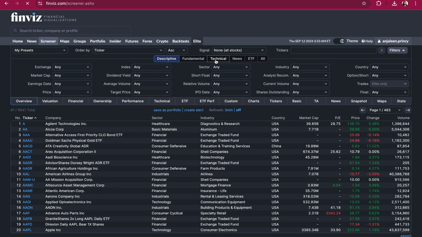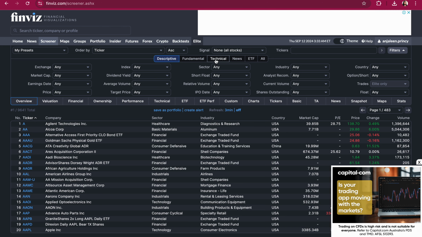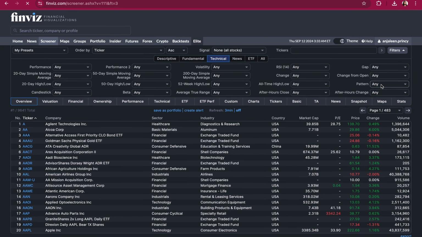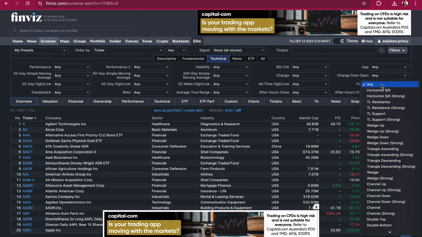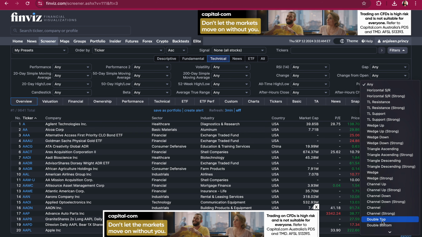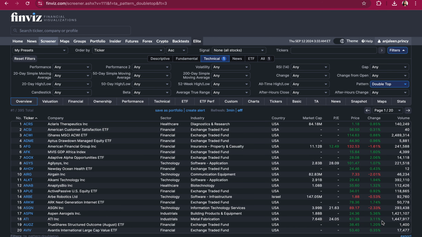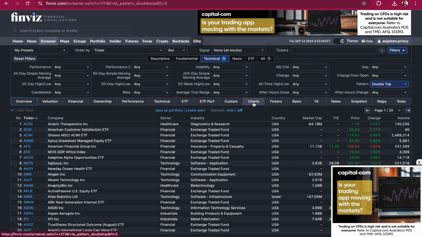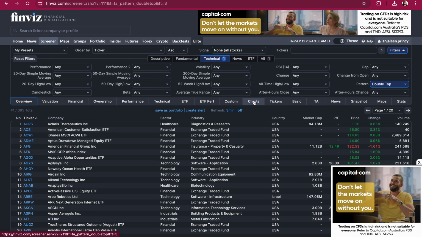Here's a technical analysis button, so click onto that, and then you go for the pattern, and here we have double top. It gives you a list of things that are double top. So I'm just going to click on the charts.